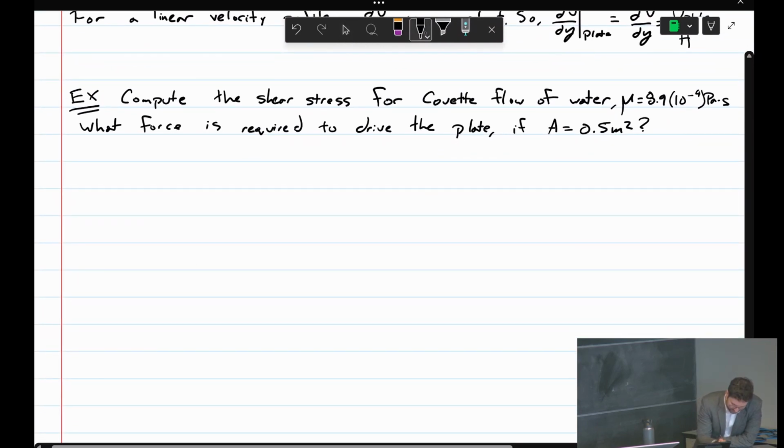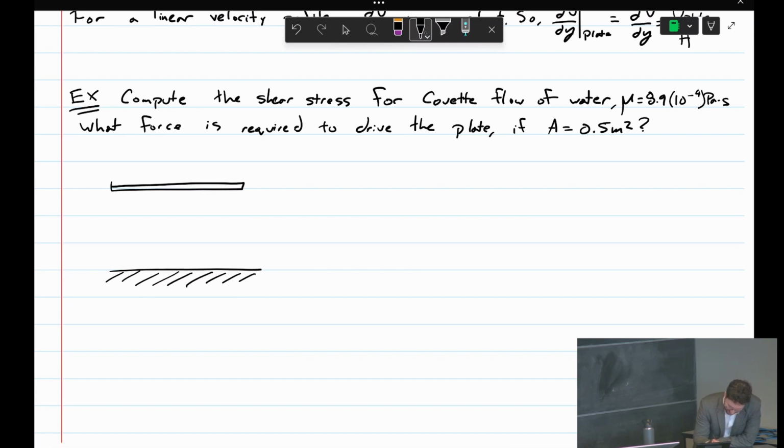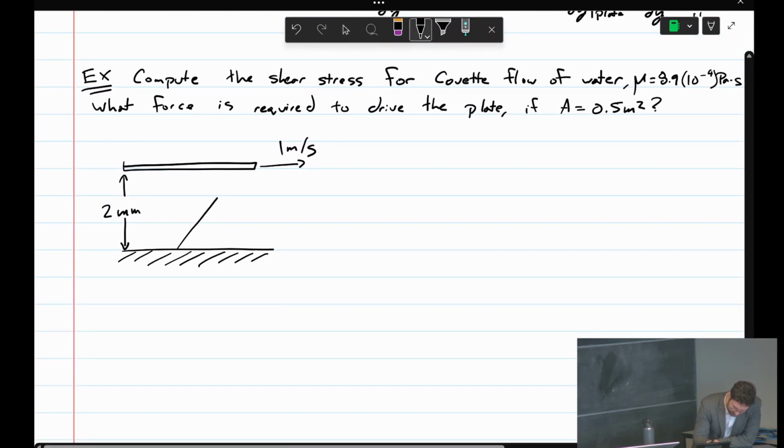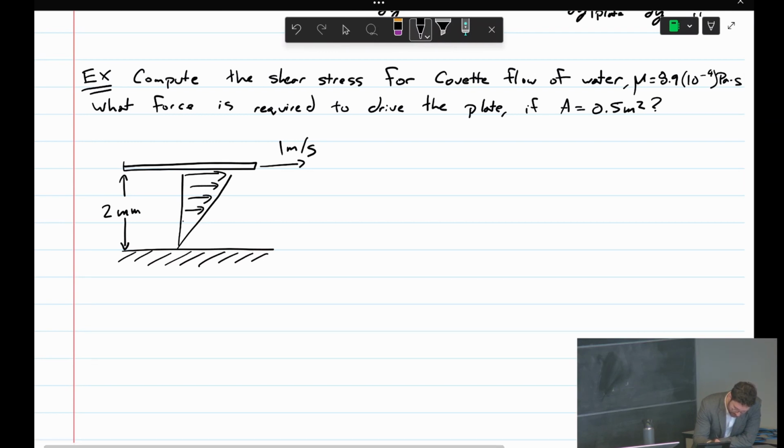I'll give you a diagram here. Say that top plate, in this example, moves at 1 meter per second, and we have a small gap of 2 millimeters. We assume a linear velocity profile, so we assume we have Couette flow, which I said in the question we do.